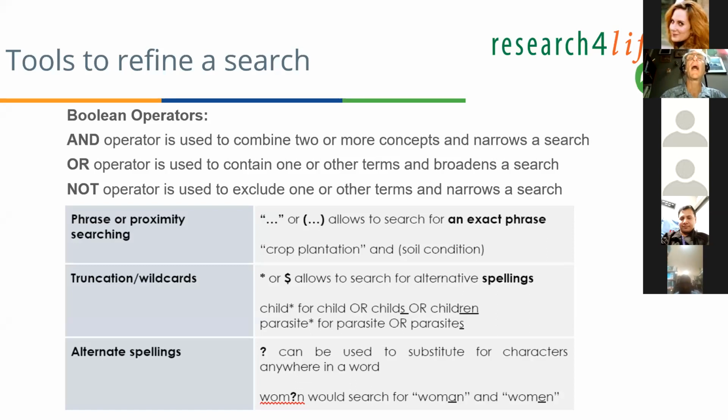Child* will give you childs or children, etc. You can also use a question mark and substitute it in the middle of a word. Truncation wildcards is the first one, which gives you broader results than just child. You get childs or children, and then the question mark for wom?n. It gives you woman and women, and this is very useful where there's a difference between English spelling in the US and Britain, like gynecology.